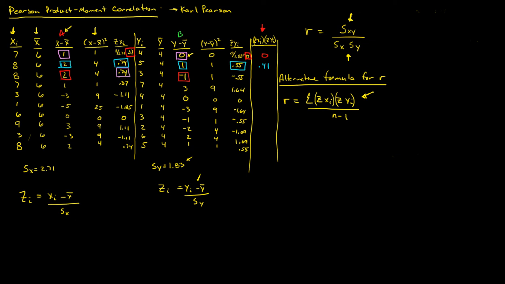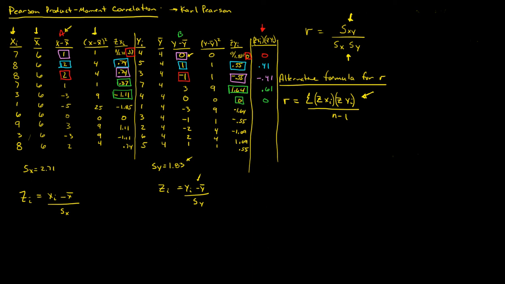And 0.74 by negative 0.55 was obviously negative 0.41. Let's do one more so I'm clear after I messed up. 0.37 multiplied by 1.64 gives me 0.61. My next one is 0 because I'm multiplying by 0.